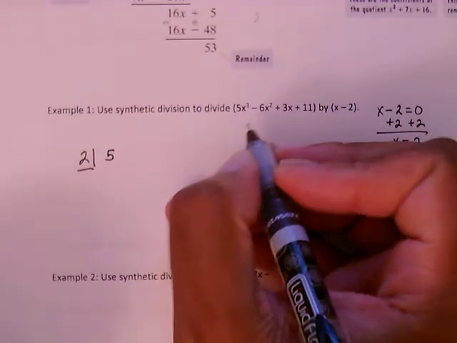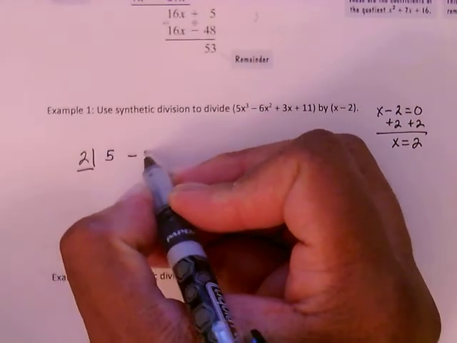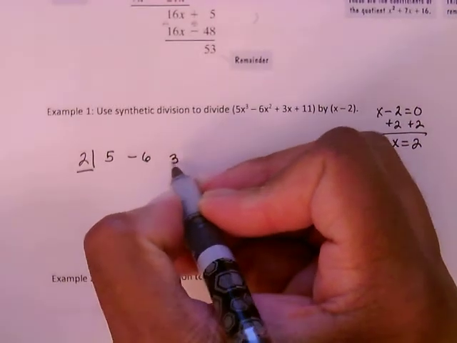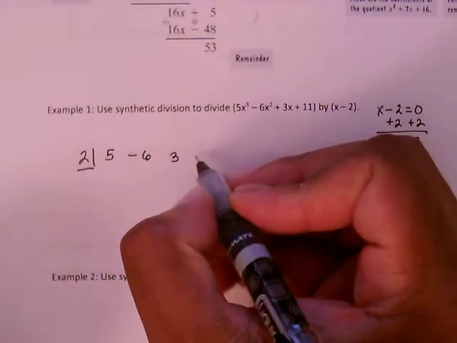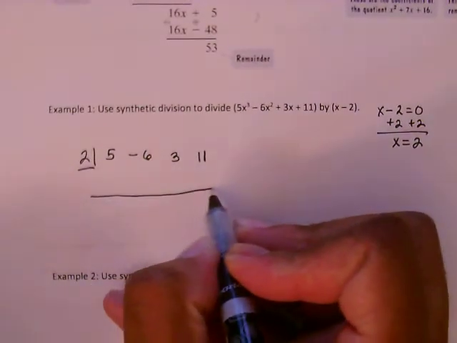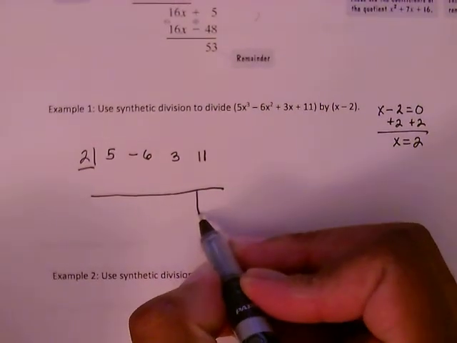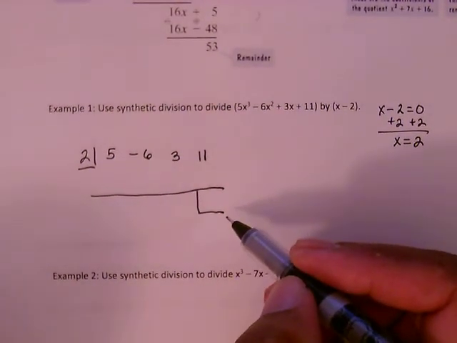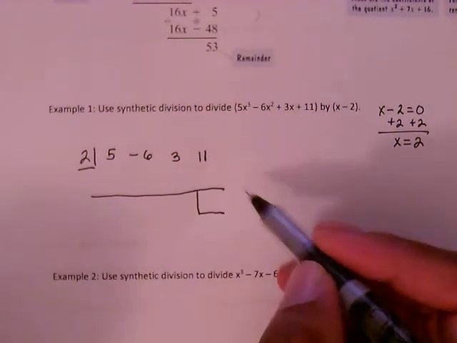For the x squared, that coefficient is negative 6. For x, that coefficient is 3. And 11 for the constant term. So now we start this synthetic division process here. Notice I put a box right here to separate the quotient from the remainder.